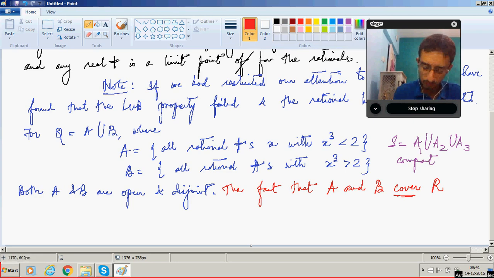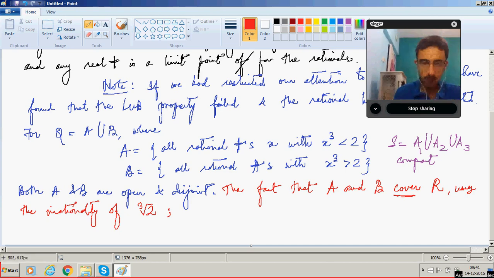The fact that A and B cover R uses the irrationality of cube root 2. So since no rational number is cube root 2, are you getting it?